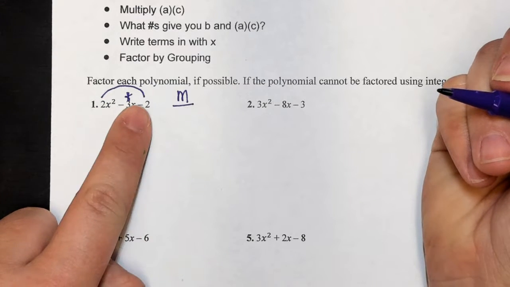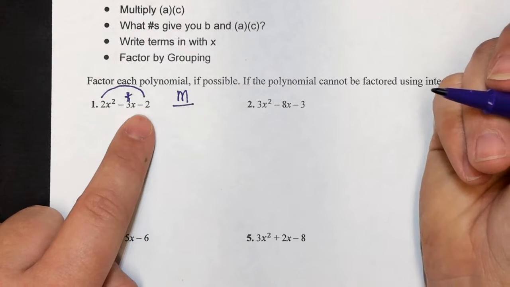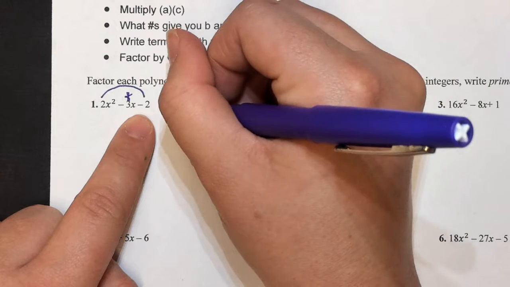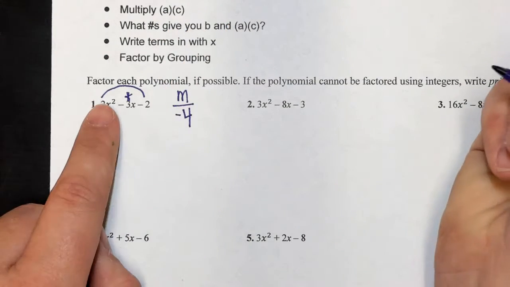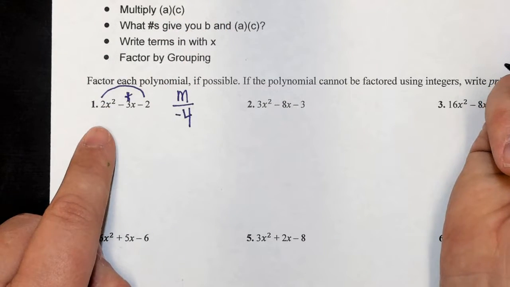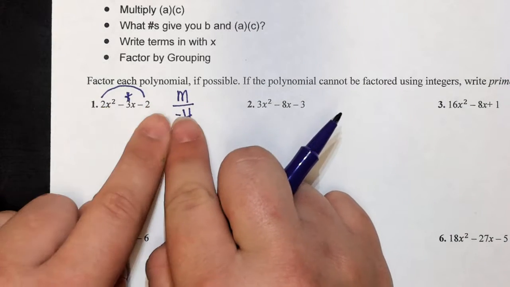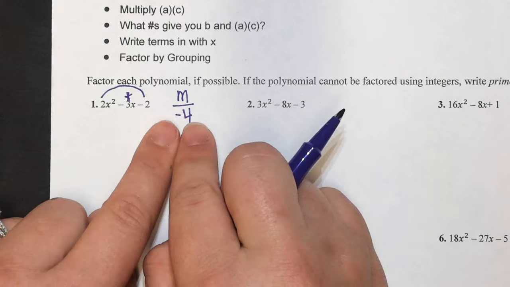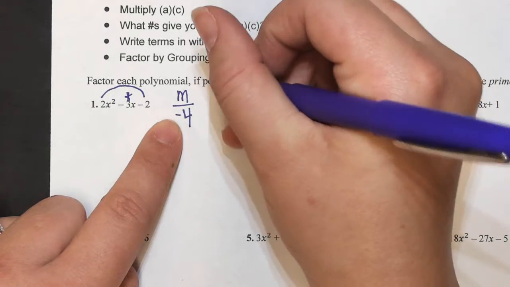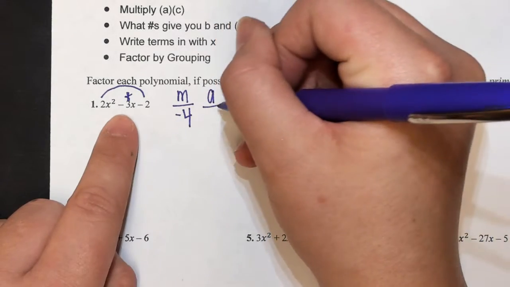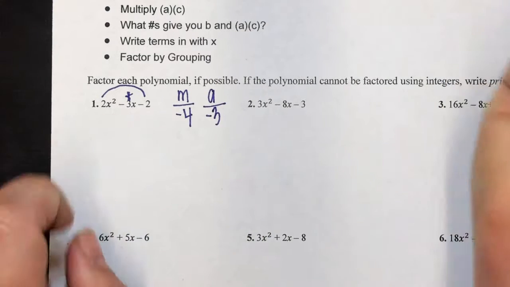Well, A times C, 2 times -2, is -4. Just kidding. So they multiply to be whatever the A and the C multiply to be. So 2 times -2 is -4. And then these two numbers have to add to be whatever your middle term is. So -3.